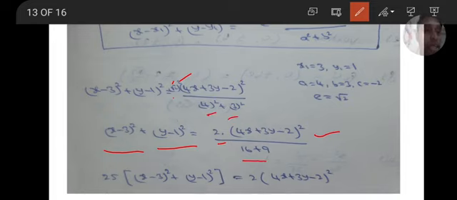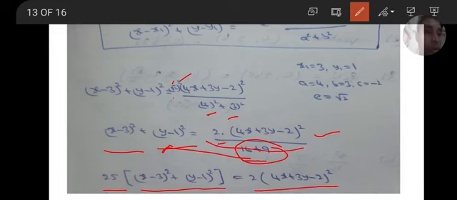25 will be cross multiplied: 25 into (x minus 3 whole square plus y minus 1 whole square) equal to 2 into (4x plus 3y minus 2) whole square.